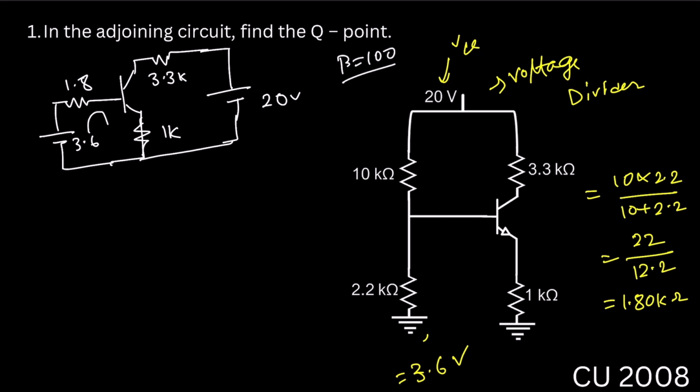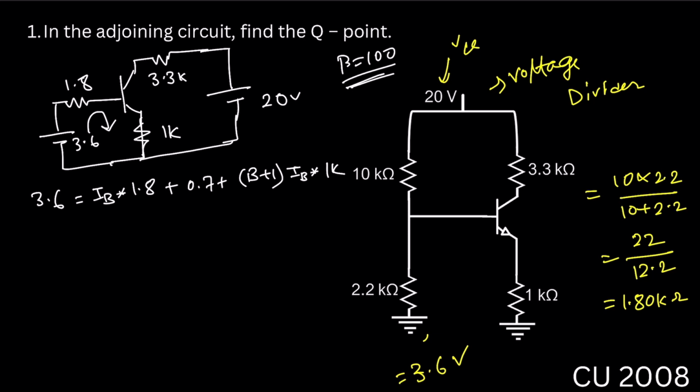So if we apply KVL in the input loop, we can write down 3.6 equal to IB into 1.8K plus 0.7 plus (beta plus 1) into IB into RE. Here in the problem they didn't provide the beta. Here I assume beta is 100. Okay.